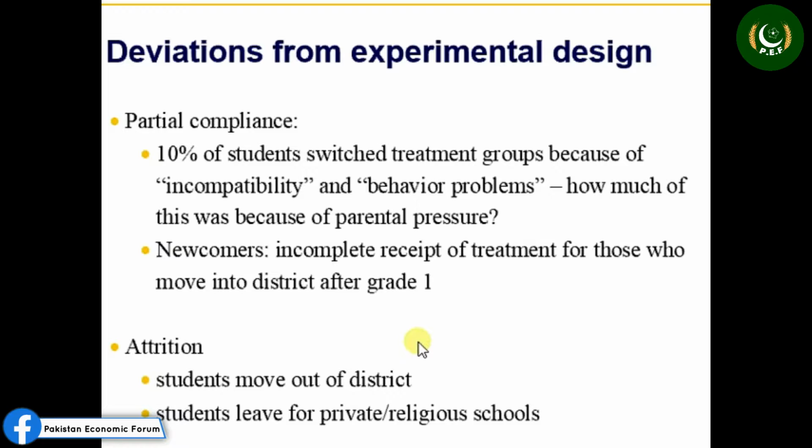If they switched due to behavioral problems or some other adjustment problems, it means they were random, so it will not make much difference in your results, unless parents forced that their children should go to a small class size, or some other reason. So in general, it should not affect the results of the experiment.